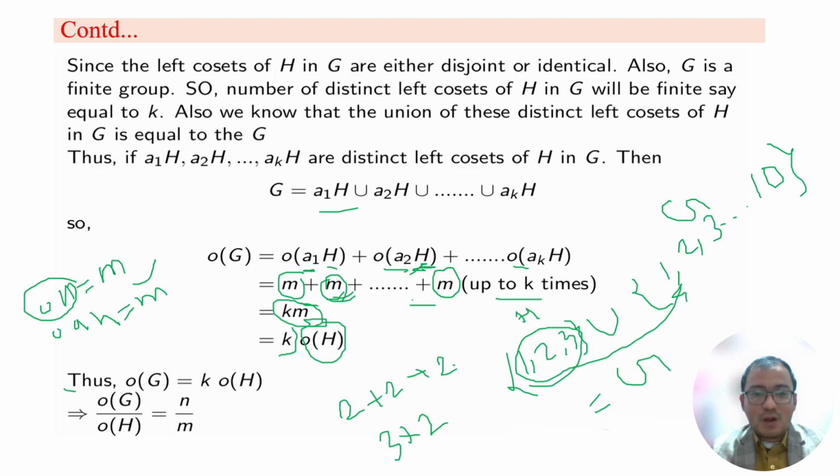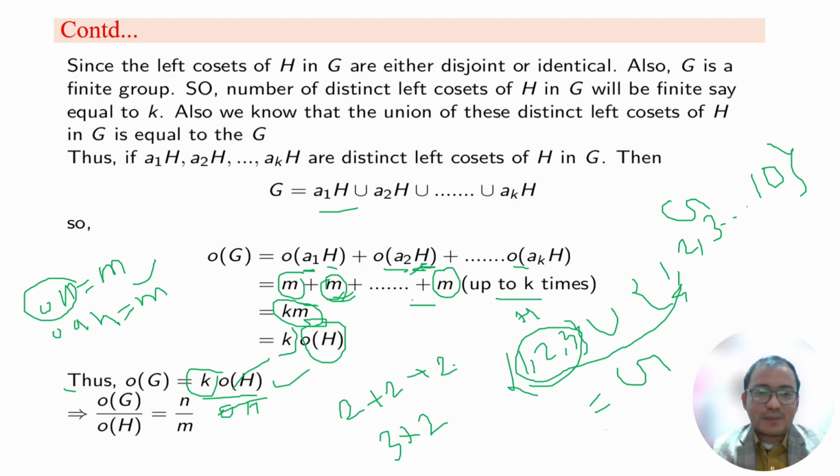Thus the order of G is equal to k times the order of S. So while dividing this by the order of S, it is divisible, right? There are k times only. But let's not divide directly like this.